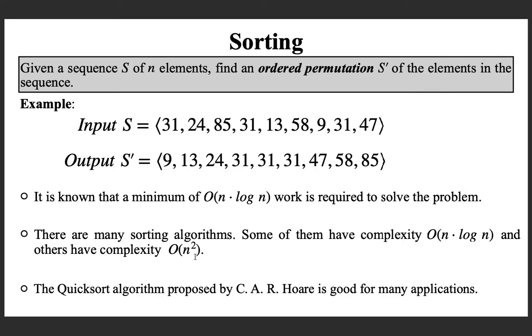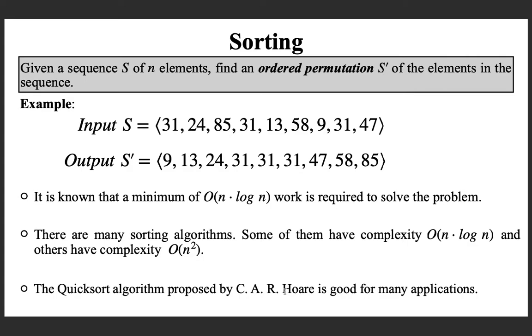And the quicksort algorithm, proposed by the Turing Award winner Charles Anthony Richard Hoare, is known to be good for many applications.